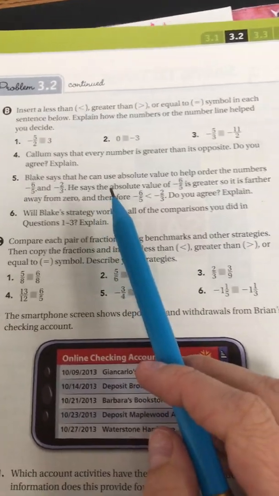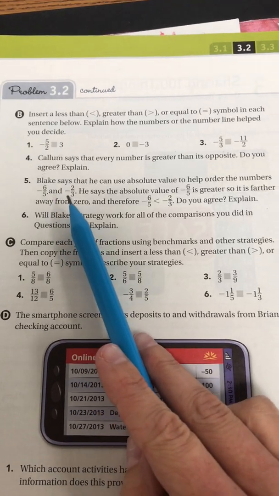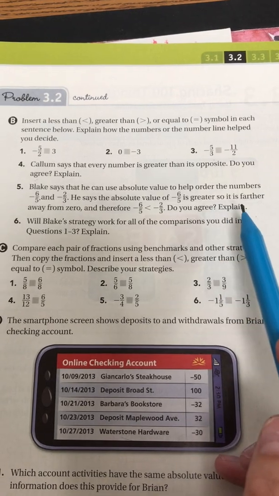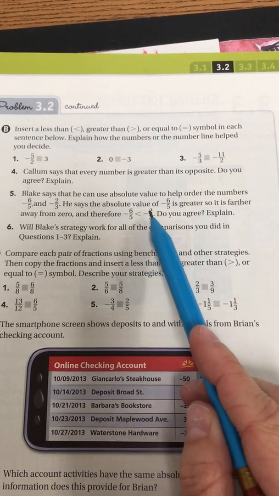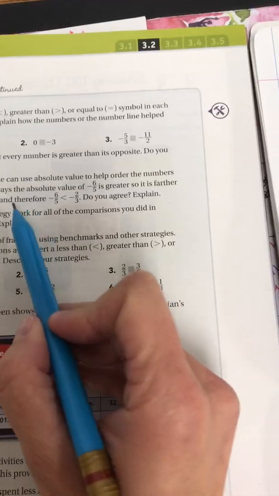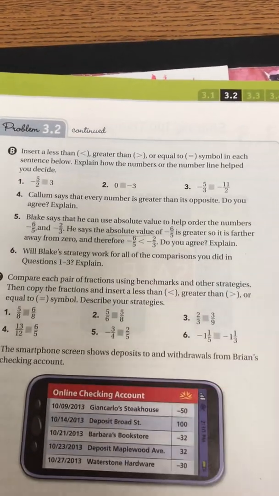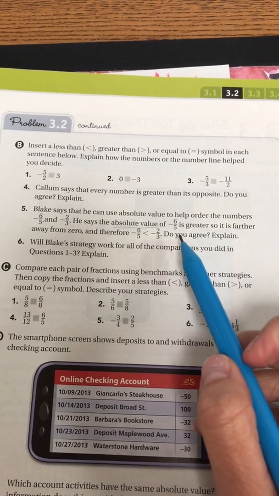Number 5, Blake says that he can use absolute value to help order the numbers, -6/5 and -2/3. He says the absolute value of -6/5 is greater, so it is farther away from 0, and therefore -6/5 is less than -2/3. Do you agree and explain? So here he's talking about the absolute value, okay? And he's kind of come up with this strategy, and so we're going to see if it works.